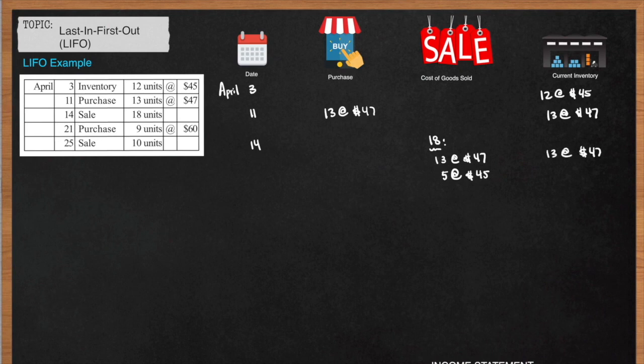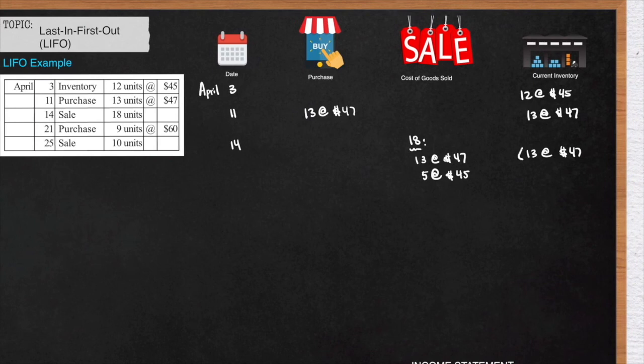So 13 at $47, put that in brackets, and 5 at $45. The 13 at 47, that's all gone. We used all that up. We sold all that. And then we took 5 from the 12 at 45. So that gives us a remaining inventory after the sale of 7 units at $45. So that's the current inventory, 7 units at $45.